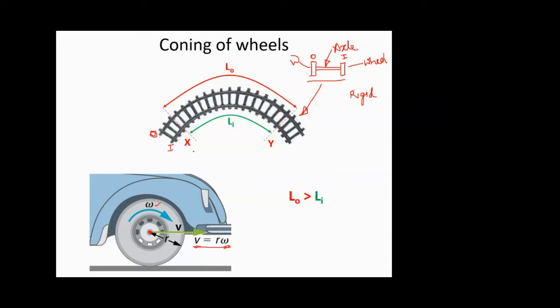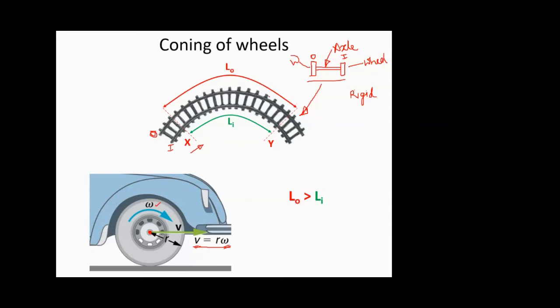What I'm trying to say is, suppose the assembly is kept over here at point X and it is going in this direction. The moment your wheels start moving from this point X, both the wheels should cover their respective distances. The outer wheel should cover LO and the inner wheel should cover LI, and they should reach this location Y at the same time.